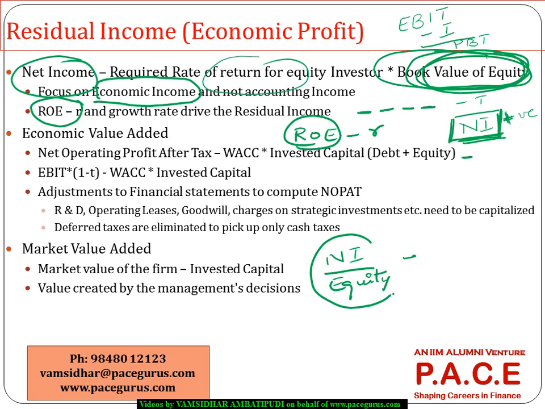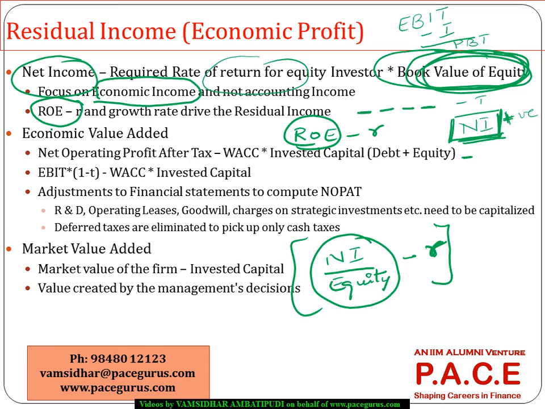This is the rate of return which the company has generated minus R, the required rate of return by the equity investor. So if this is positive, it is expected that the value of the company is going to go up compared to the current value. If it is lesser, the value of the firm is going to go down.